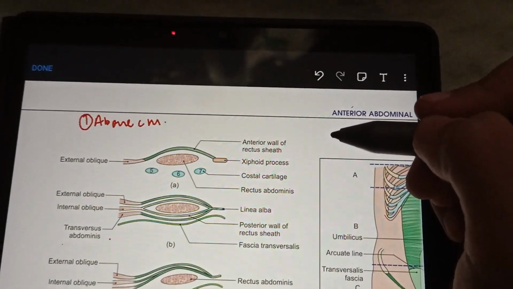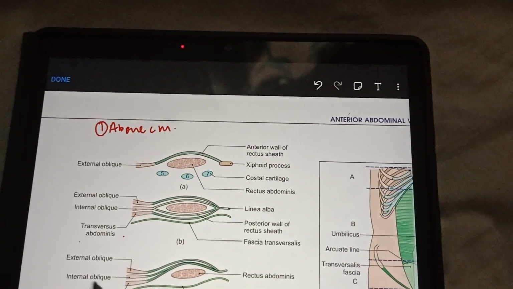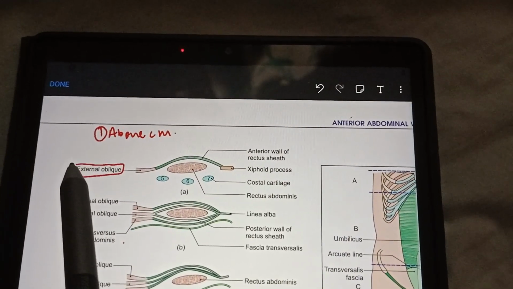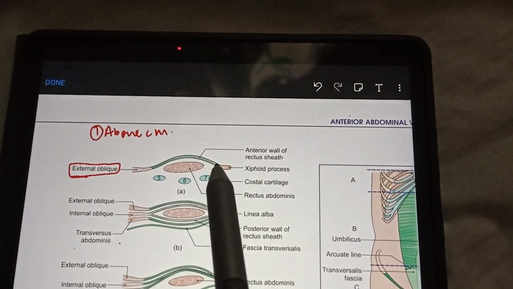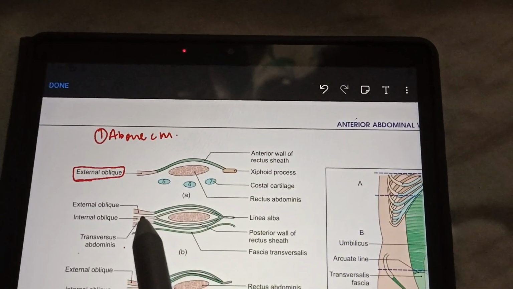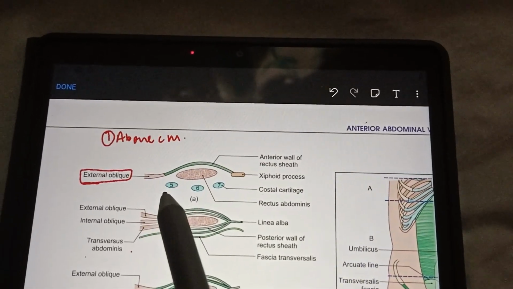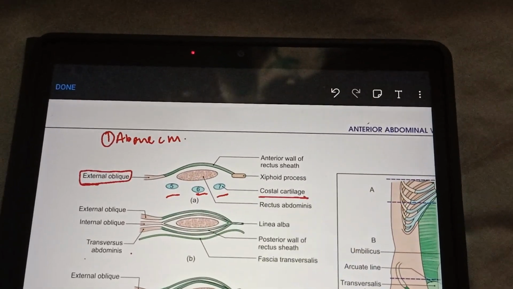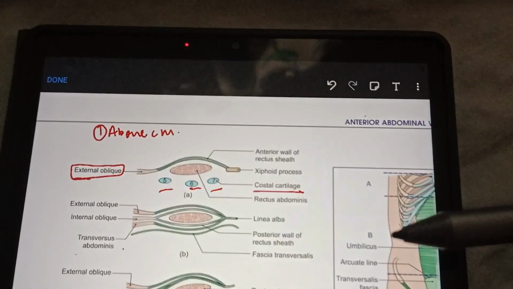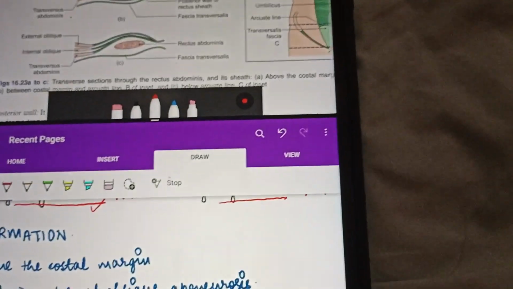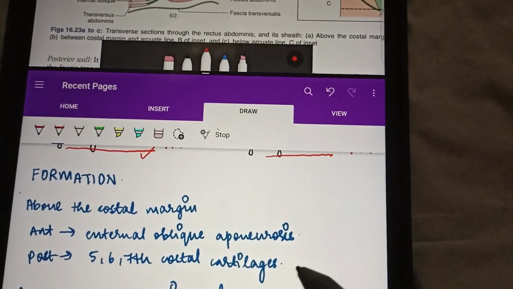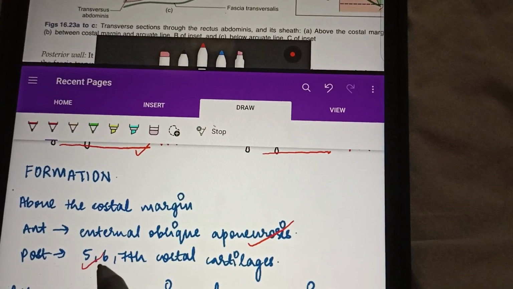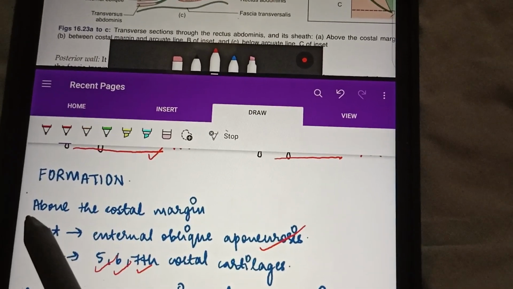Anteriorly it is formed by the external oblique aponeurosis. Here you can see the external oblique aponeurosis, and posteriorly it is formed by the 5th, 6th and 7th costal cartilage. So above the costal margin, anteriorly it is formed by the external oblique aponeurosis, and posteriorly by the 5th, 6th and 7th costal cartilage.